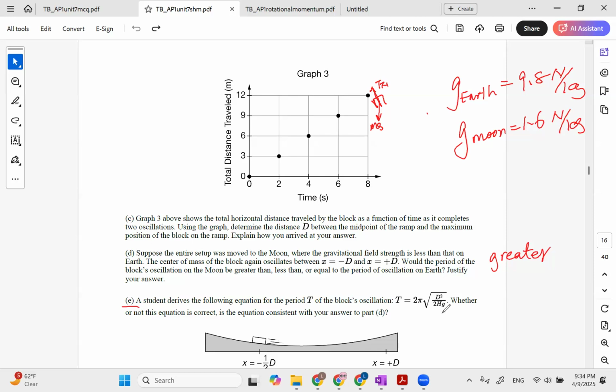It's consistent because g is in the denominator, according to the equation. Yeah, good. Does it make sense? According to the equation, g is in the denominator, so the smaller g, the greater T, right?